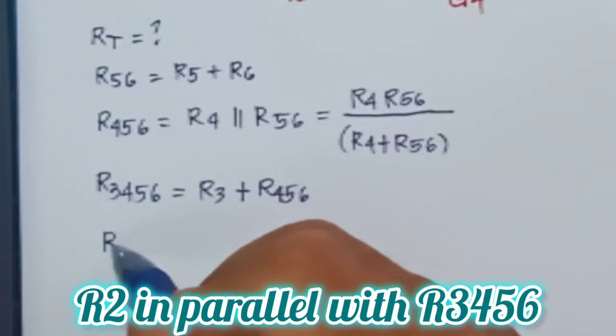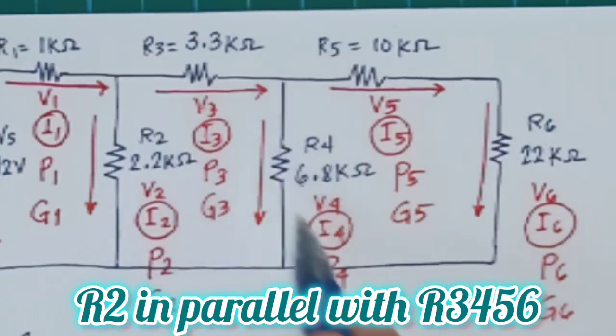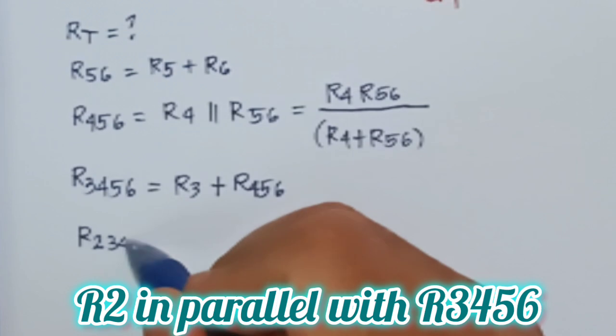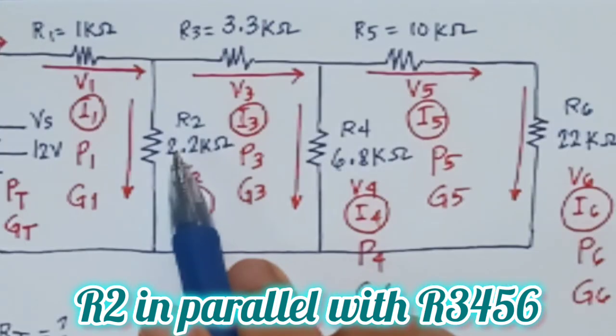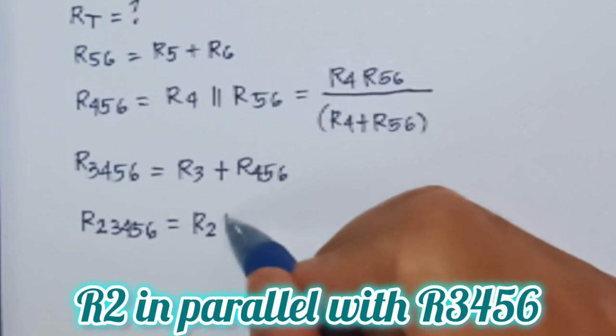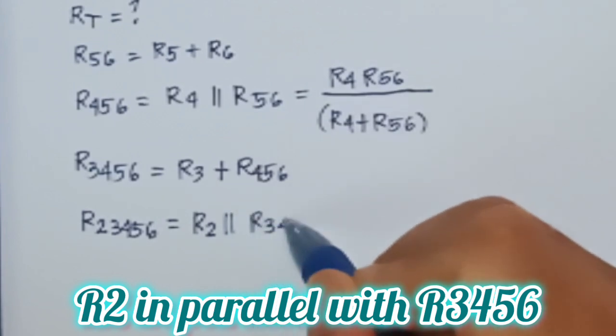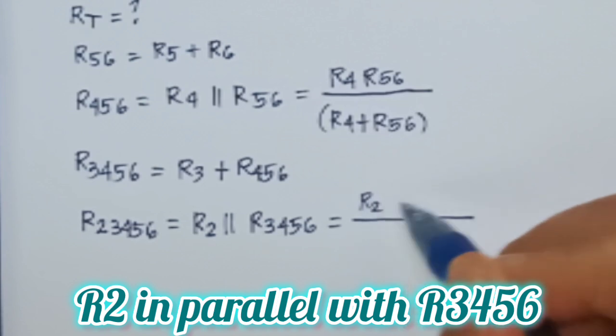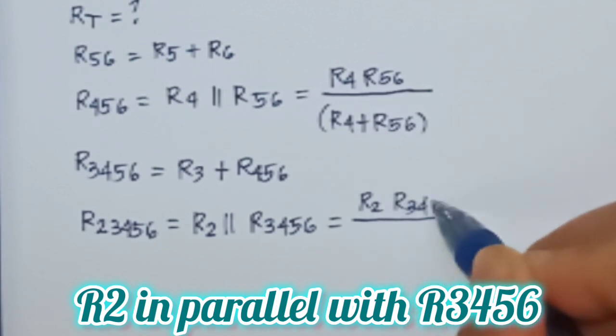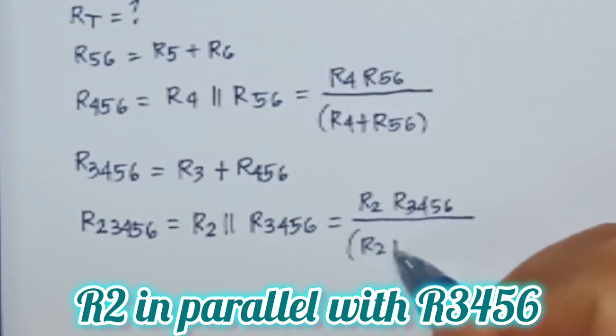After that, we will get the parallel of R2 parallel to R3456. So the R2 is parallel to R3456. So we will get the product of the two resistors R2, R3456 divided by the sum of the two.